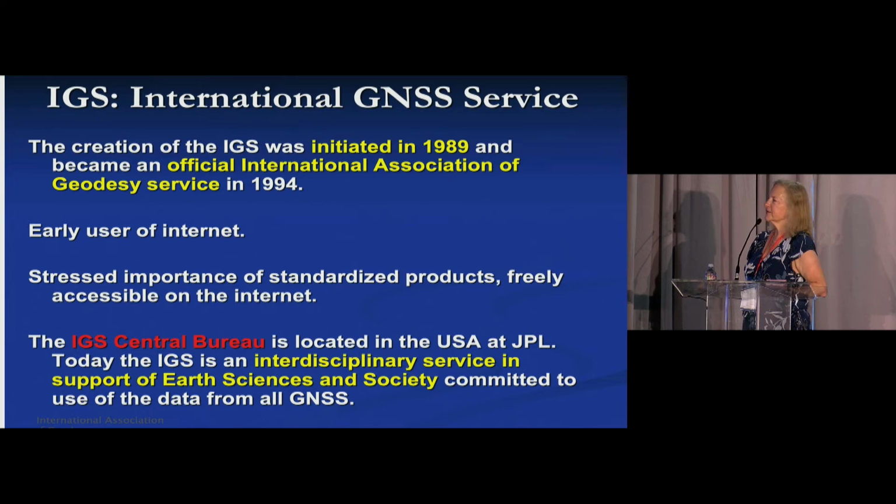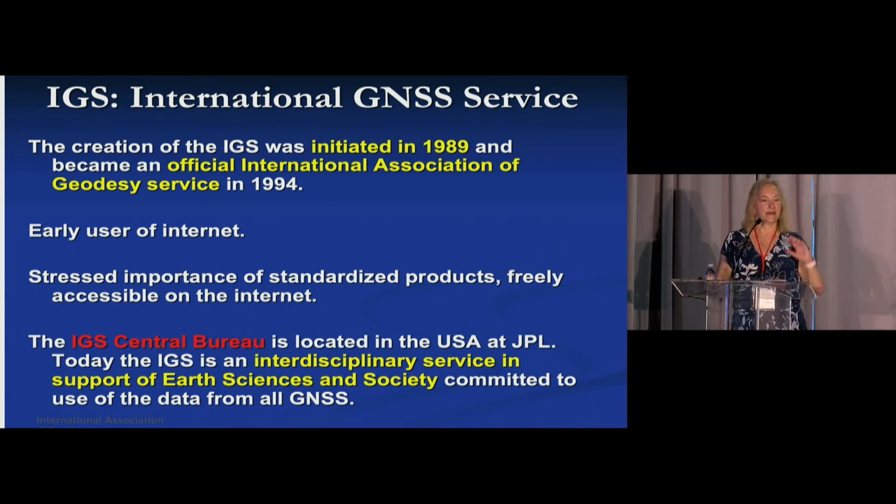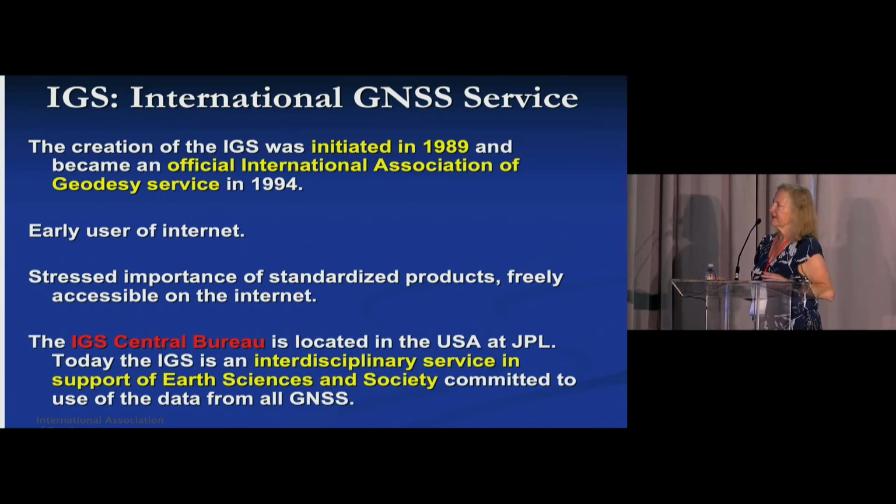They were an early user of the internet, and again, if you think back to 1990, the internet was just coming online. And it turns out, I think, at the very beginning, our users were some of the most heavy in terms of use of the internet.